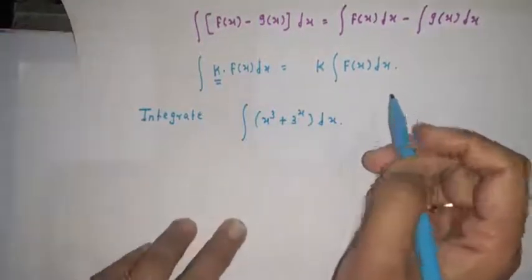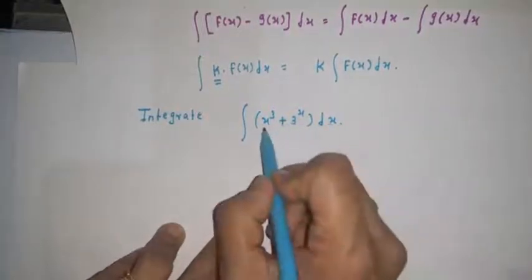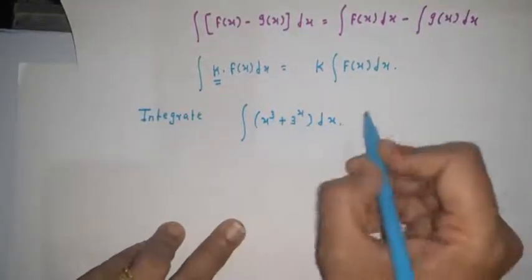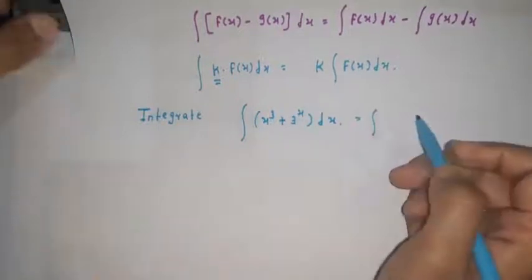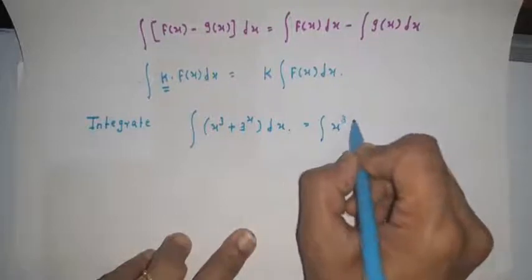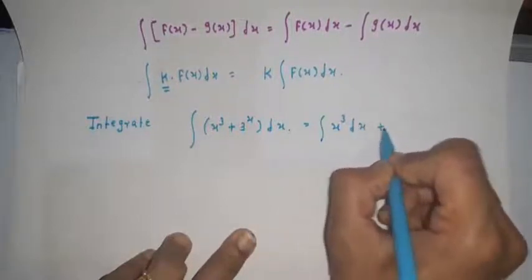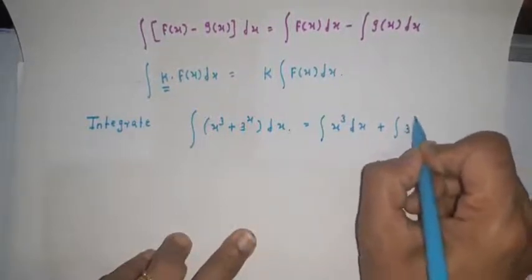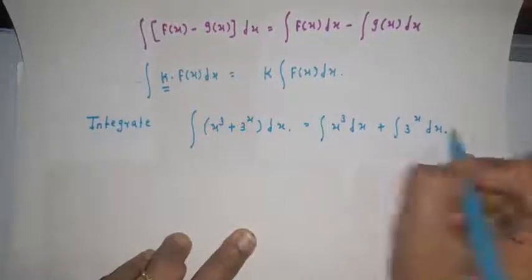So students, to solve this problem, there is addition of two functions. First, take their integrations separately, that is integration of x raised to 3 with respect to x plus integration of 3 raised to x with respect to x.